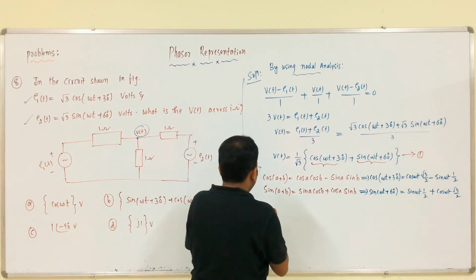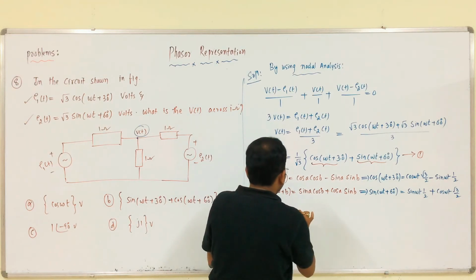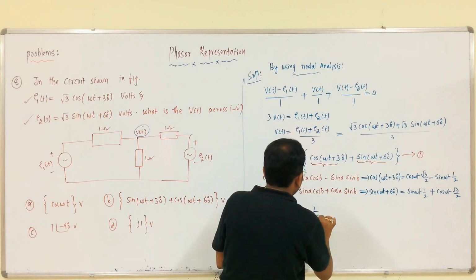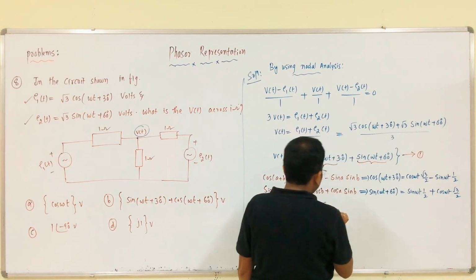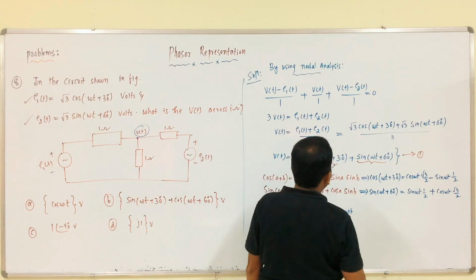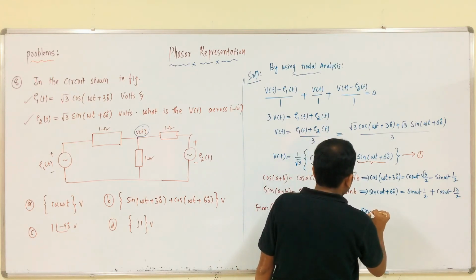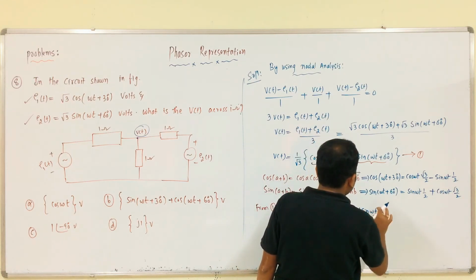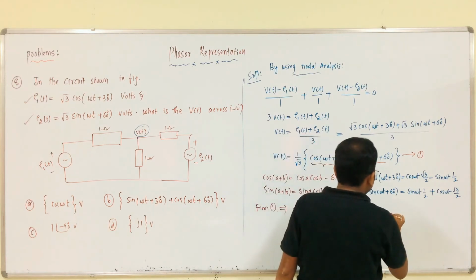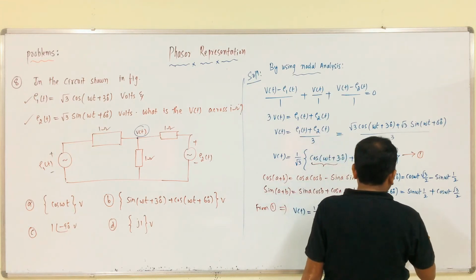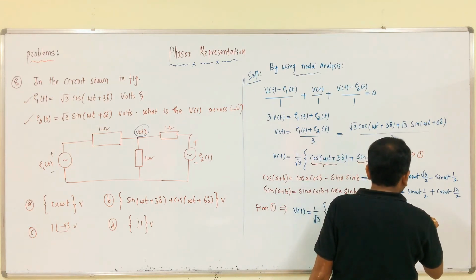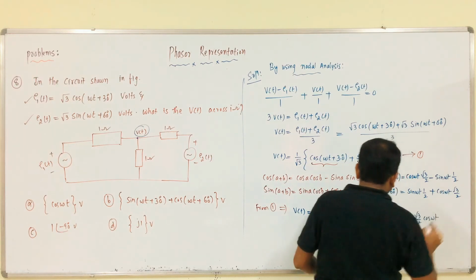Therefore, V of t equals 1 by root 3 times [root 3 by 2 cos omega t minus 1 by 2 sin omega t plus 1 by 2 sin omega t plus root 3 by 2 cos omega t].